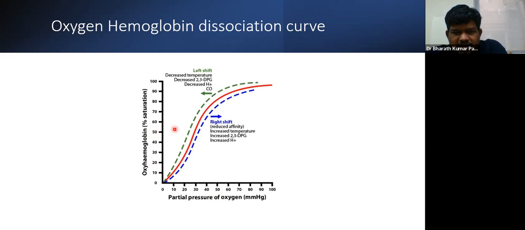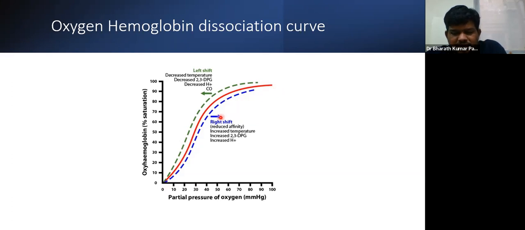The central red line is the normal oxygen hemoglobin dissociation curve, which implies that as the partial pressure of oxygen increases, that is, as we move from left to right, the hemoglobin saturation also increases until a certain point where the curve takes a plateau, at around 97% saturation. Beyond this, even if you increase the partial pressure of oxygen, there is no increase in the percentage saturation of hemoglobin.